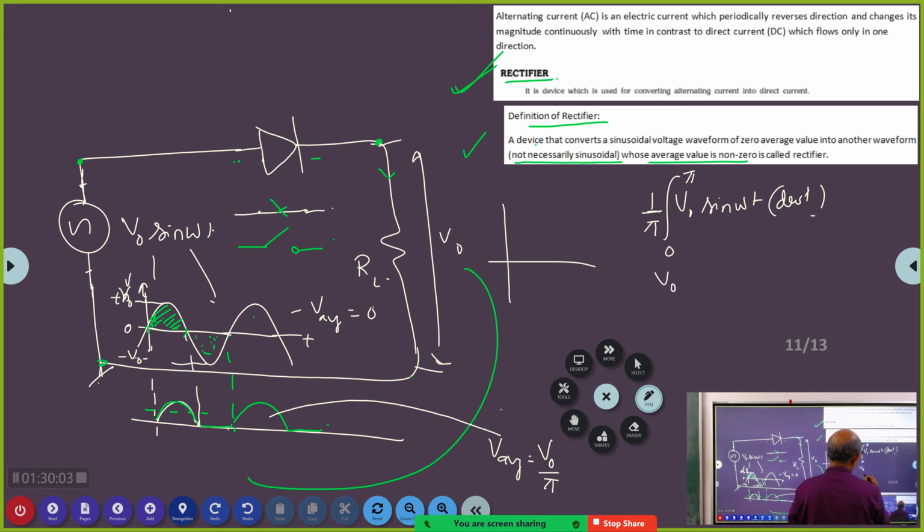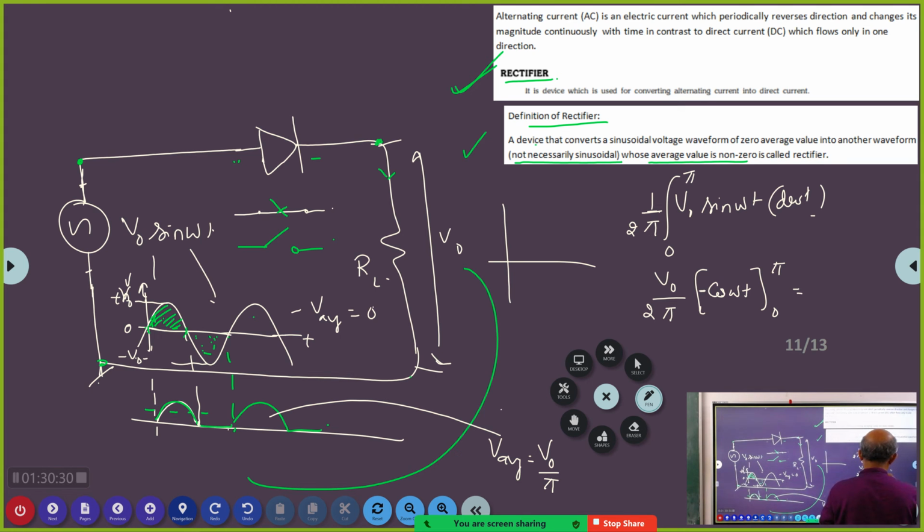So integration of sin omega t will give you minus cos omega t.